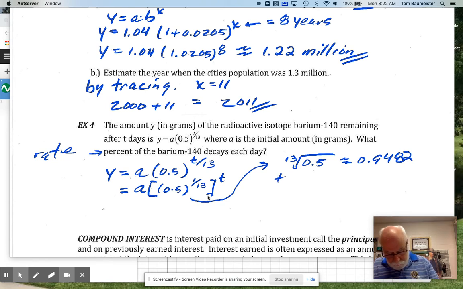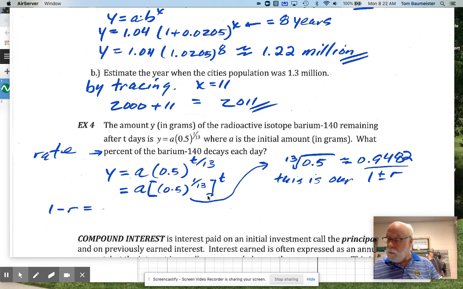And this is 1 plus or minus R. So again, this is our 1 plus or minus R is 0.9482. That means that it was subtracted from 1. So just like I did above, I'm going to take 1 minus R is equal to 0.9482.